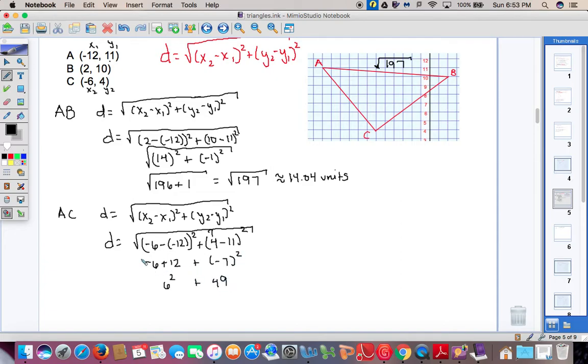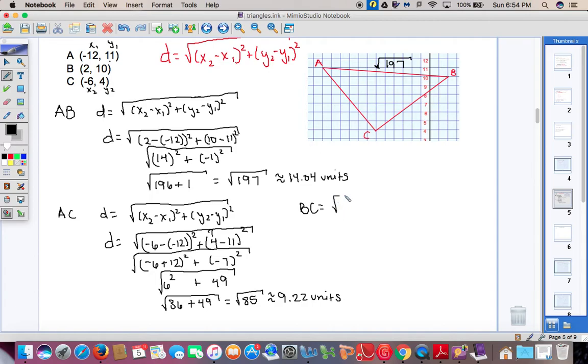So 6 squared is 36 plus 49, which is 85. So the square root of 85, which is approximately 9 and 22 hundredths units. Then I need to do the same thing now for BC.